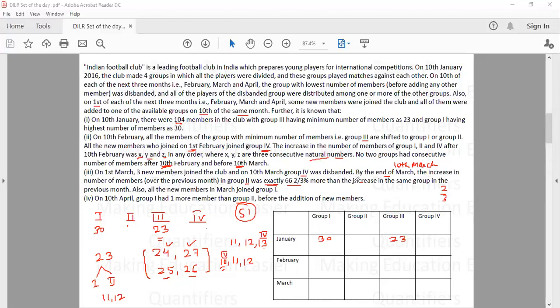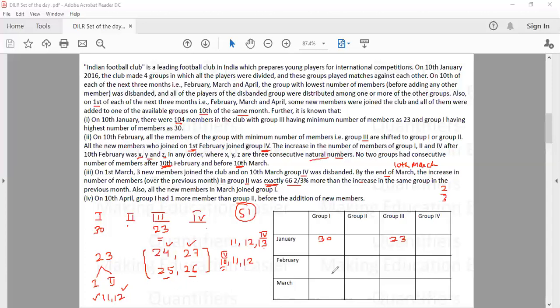That means the increase in the month of Feb. We know that in the month of Feb, either group number 2 has 11 more members or 12 more members. But since we need to find exactly 2/3 more, the number which has been added should be a multiple of 3, right? Only then we can find the exact 2/3 of that number.